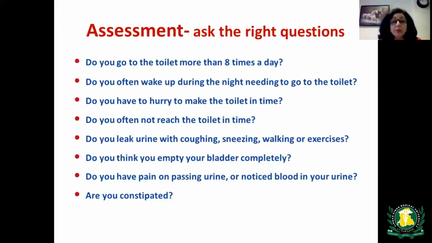And then, very importantly, do they leak with coughing, sneezing, walking, or exercise? Do they feel a sensation of incomplete emptying, or do they feel that they have completely emptied the bladder? Or do they experience any pain when passing urine, or have they ever noticed any blood in their urine? In addition to that, bowel symptoms, mainly constipation, are very, very relevant.